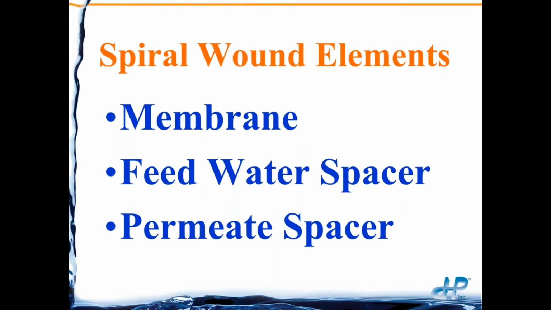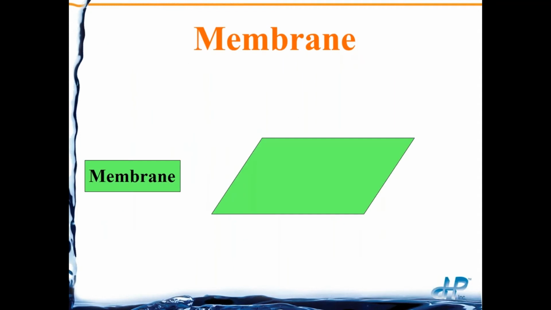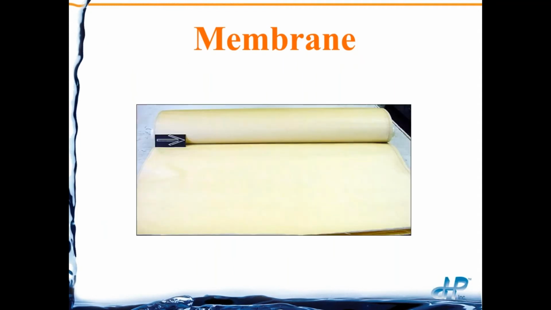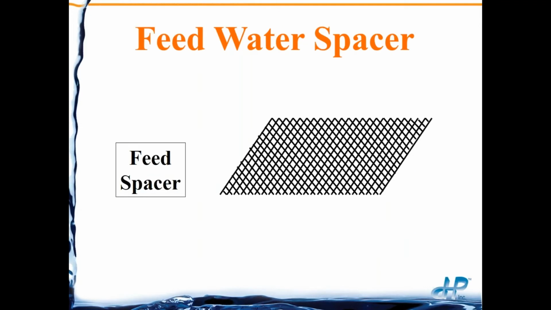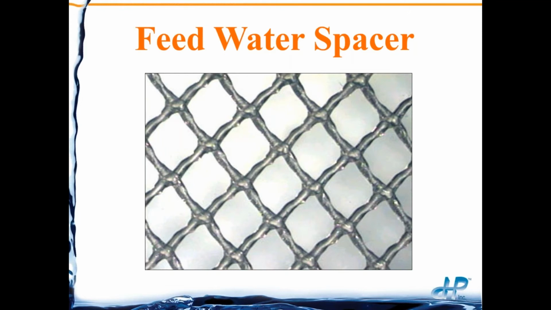There are three basic building blocks to these spiral wound elements. We have our membrane, we have a feed water spacer, and a permeate spacer. So here's a drawing of what I'm talking about with the membrane, and here's a picture of an element that's been unrolled during an element autopsy of the membrane itself. Next, we have a feed spacer, and just as we have drawn here, here's a close-up picture of the crosshatch material.